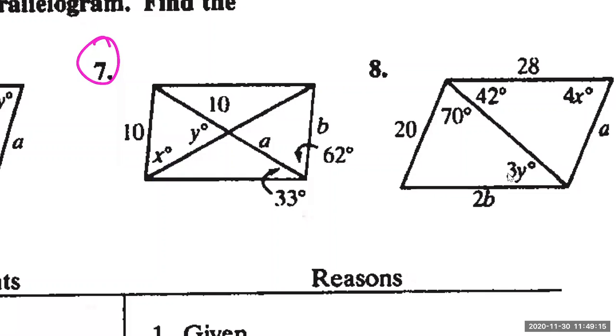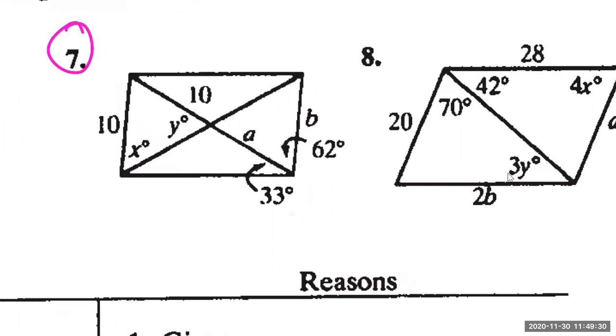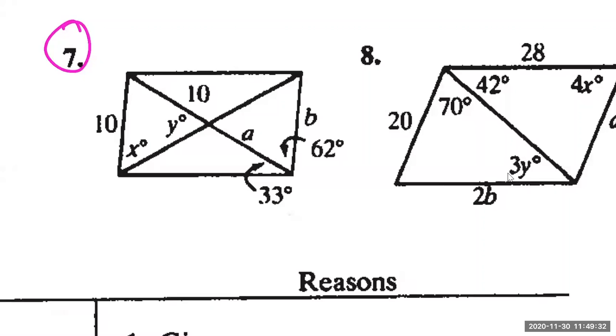Okay, the next thing I want you to do is in the chat, can you guys tell me what you think A is equal to? What do you guys think A is equal to? You guys, is A referring to an angle or is it referring to a segment?